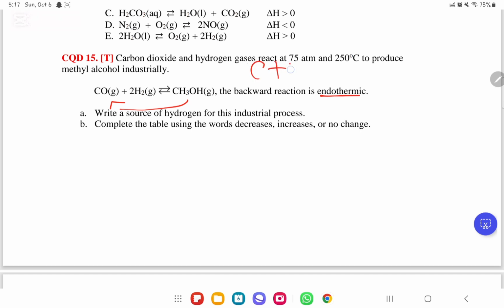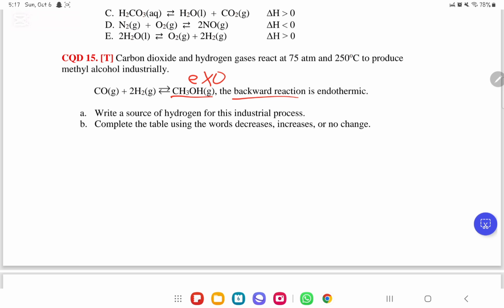That means CH3OH gives us CO plus 2H2. This is our backward reaction. It's endothermic, so we're going to have the heat with the CH3OH. So the forward reaction is exothermic, but they're telling us that the backward reaction is endothermic.